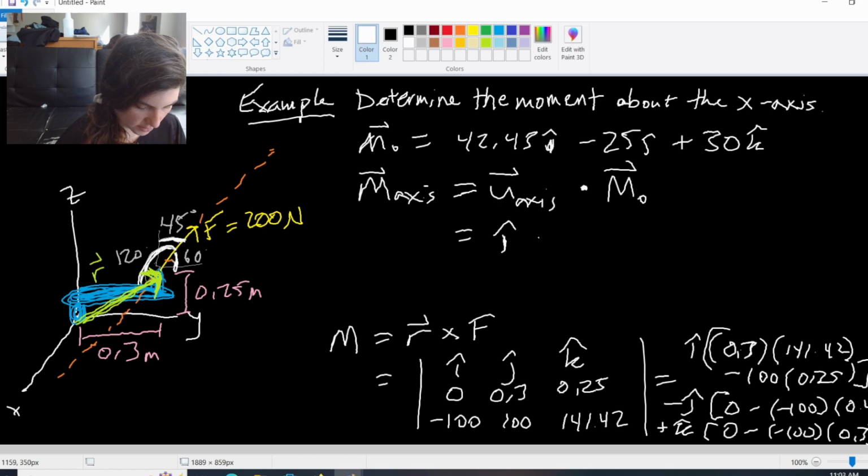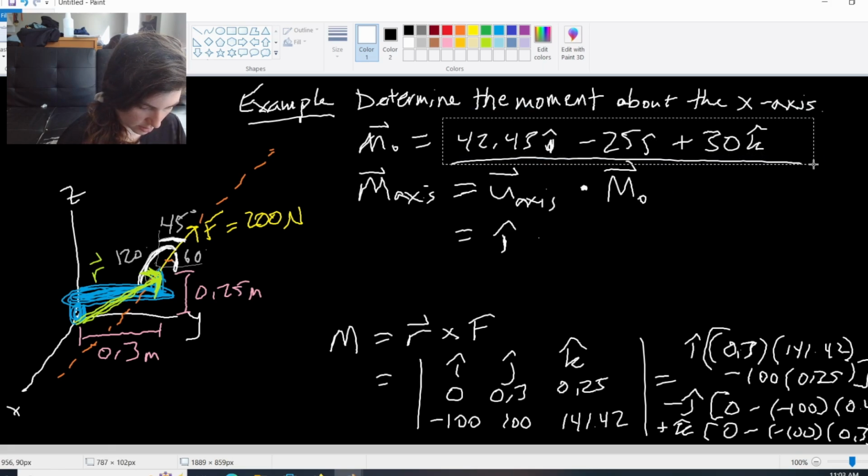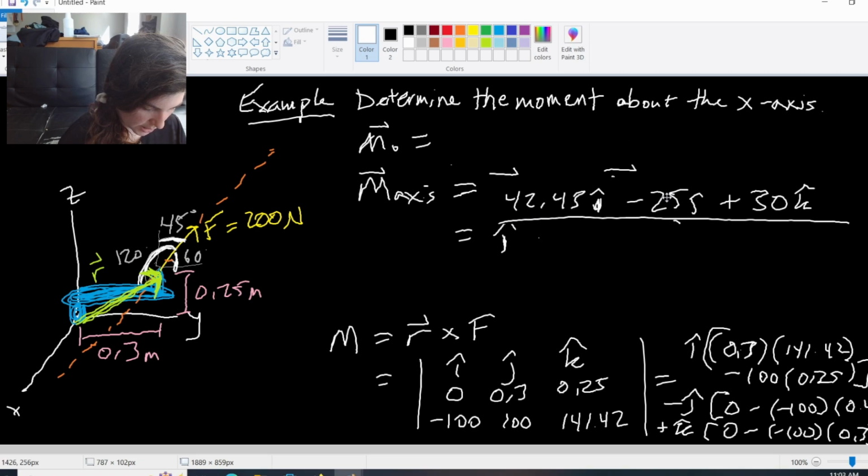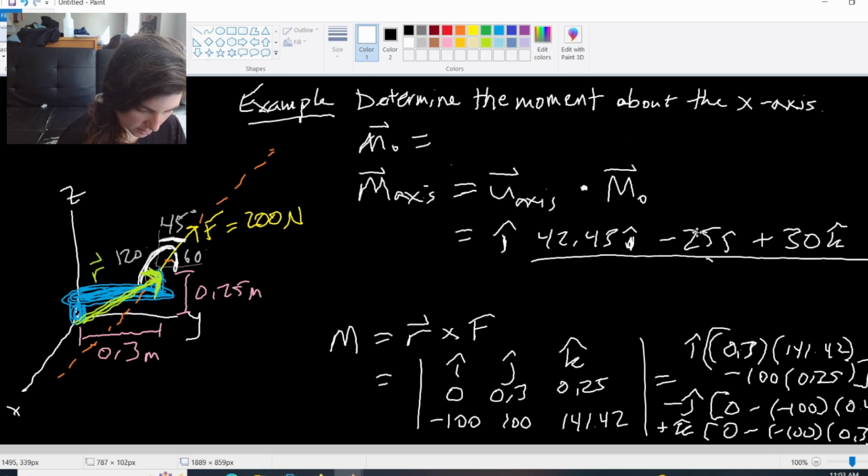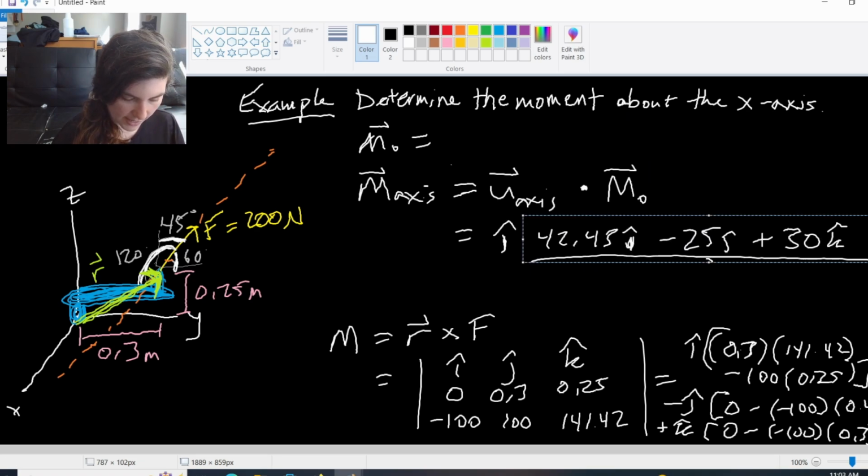So i hat dotted with this whole vector here. I'm going to move him down. Right, here's my vector. Taking the dot product of i hat with this guy.